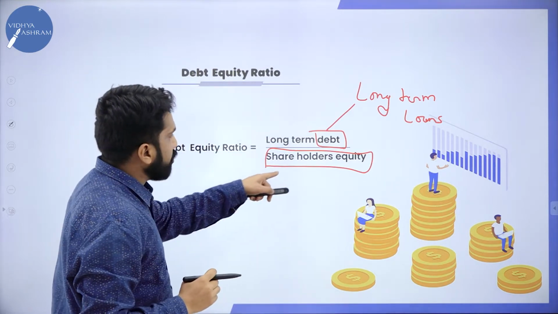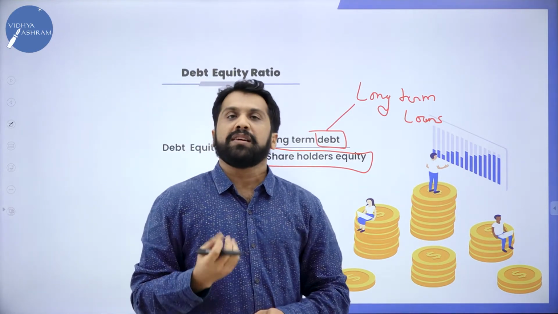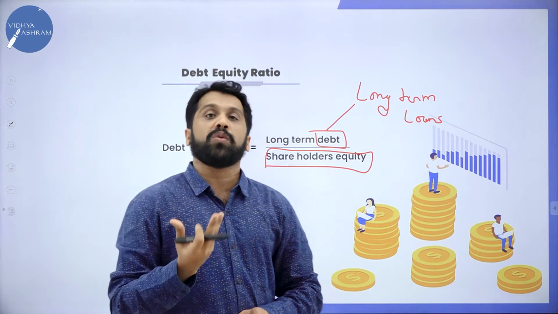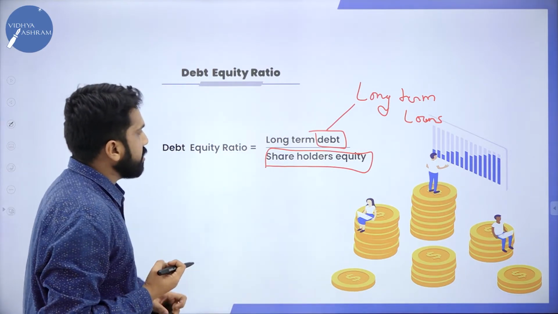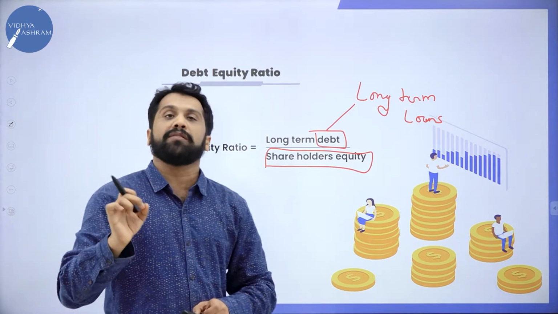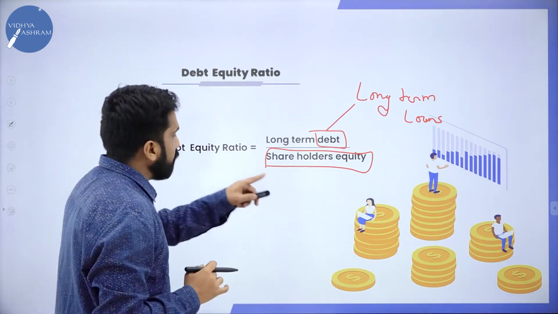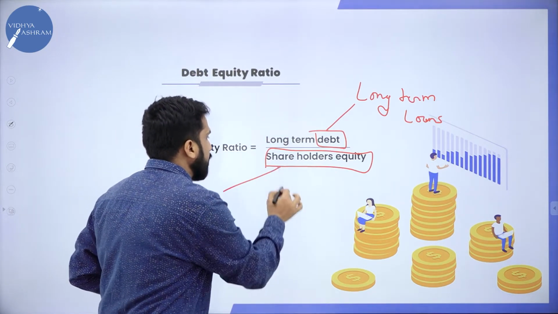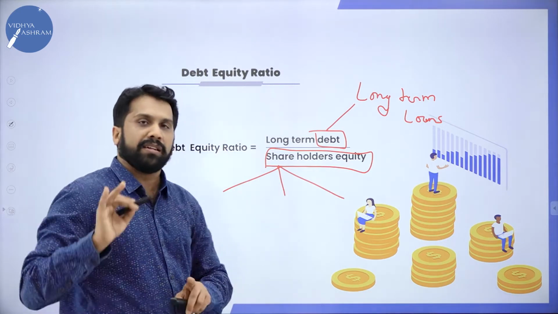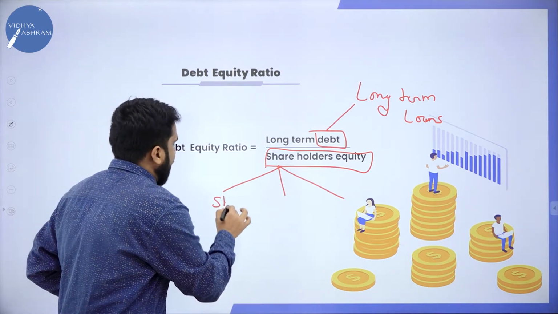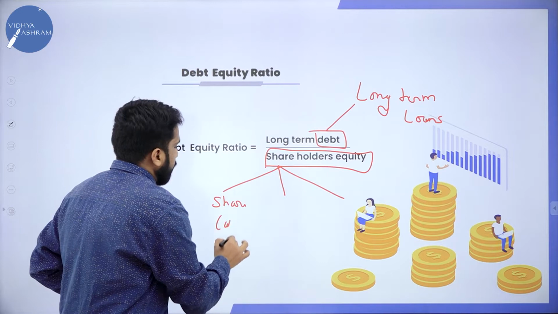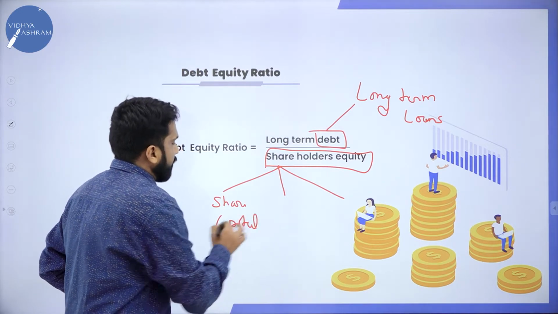Now, what about shareholders equity? Who are shareholders? Shareholders are called owners of the company. Now, which things come under shareholders equity? First, share capital.